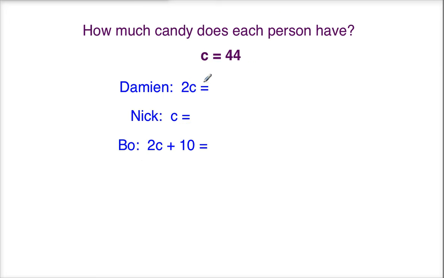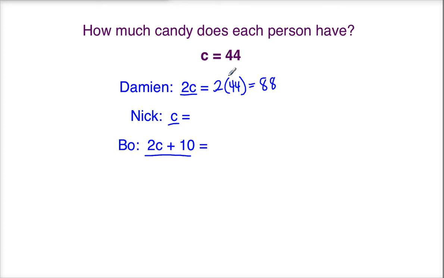Finally, another bit of information that we can get from solving this is we can determine how much candy each one of these boys has. They told us in the problem the expression for how much candy each person has. Now we simply plug in this 44 for C in each expression to see how much each person had. So Damien had 2C was his candy amount. So it'd be 2 times 44, which is 88 pieces.